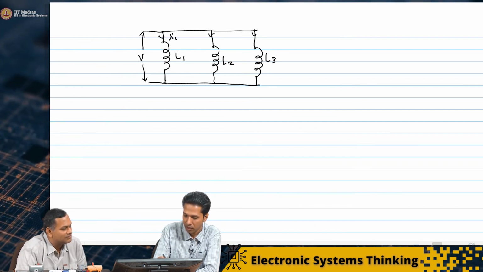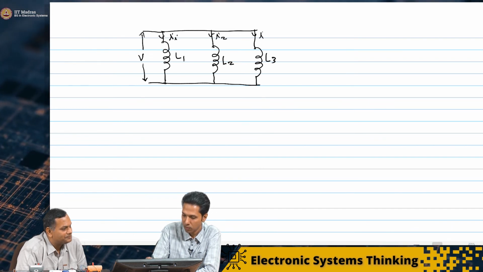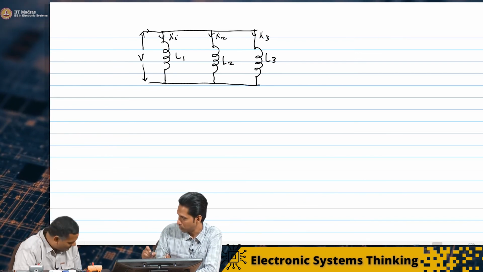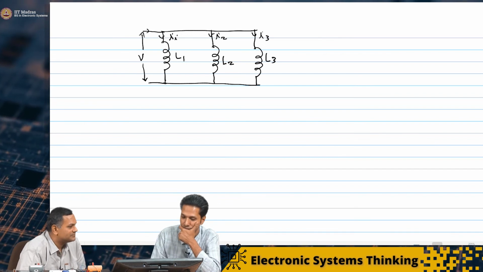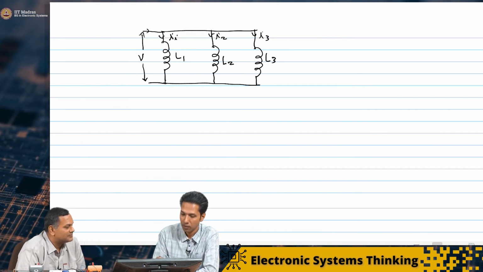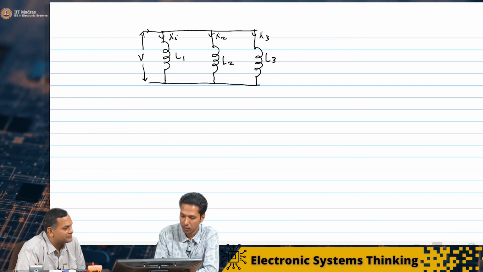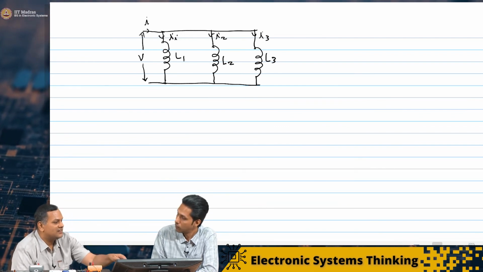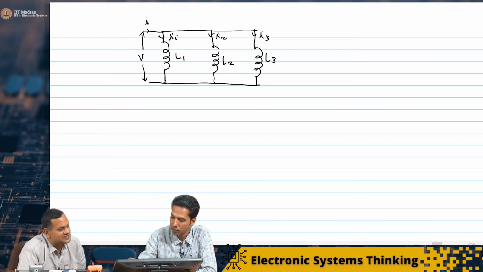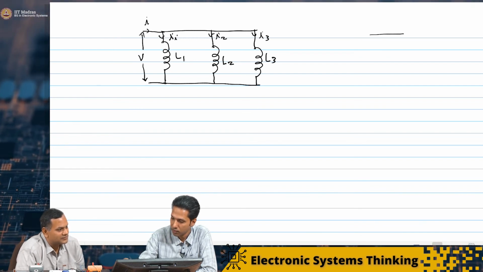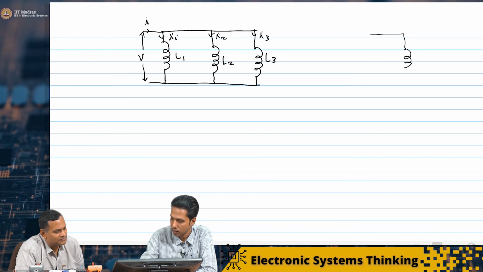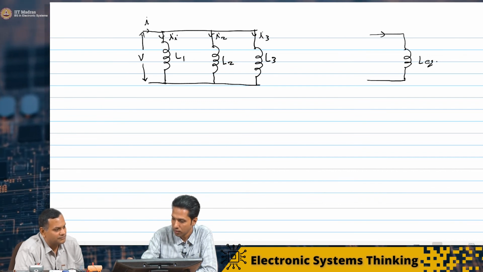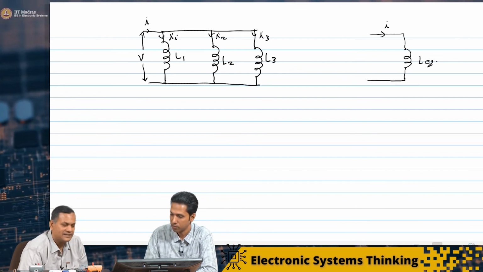Let's say I1, I2, I3, and from KCL the sum of all these currents will be coming from the source, which we mark as I. If you had an equivalent inductance, it would have the same voltage and draw the same current I.